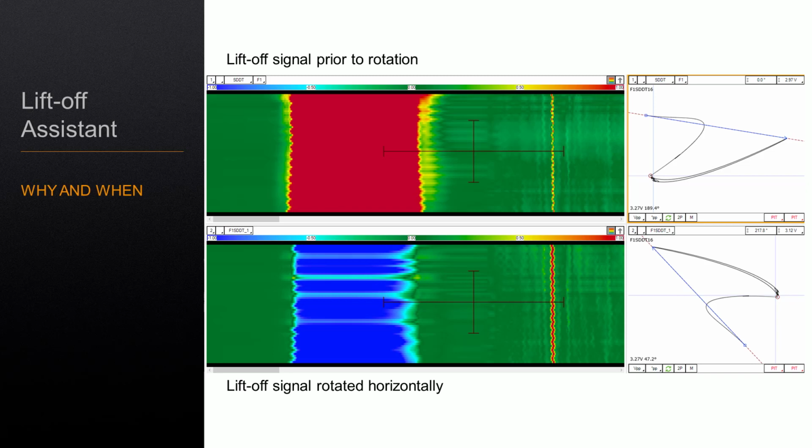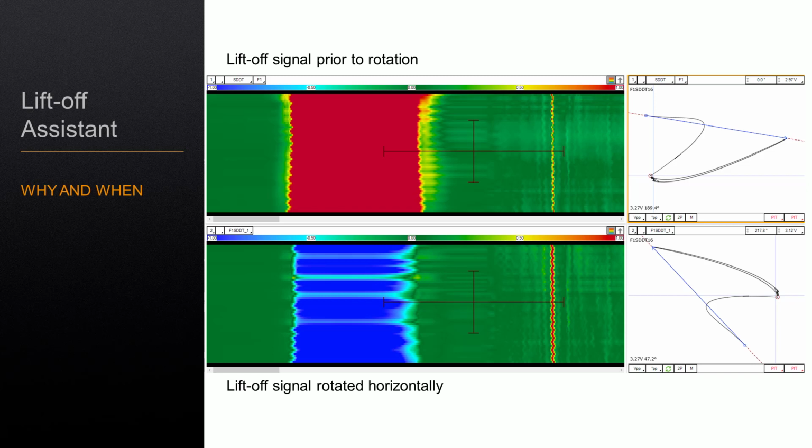But in all cases, the idea behind this manipulation is to improve the C-scan quality, or at least mainly keep the signal of interest visible on the C-scan by rotating on the horizontal axis the signal we want to eliminate or hide, in order to only see the signal that interests us.